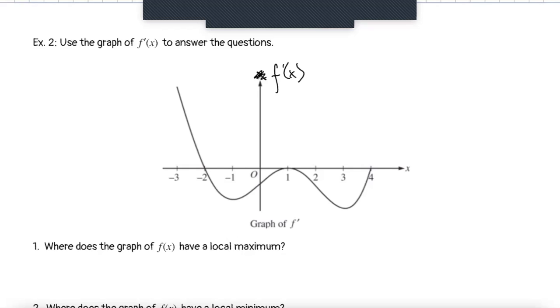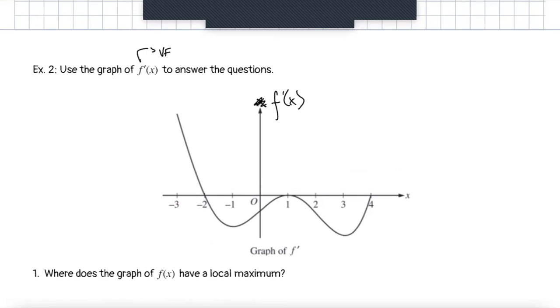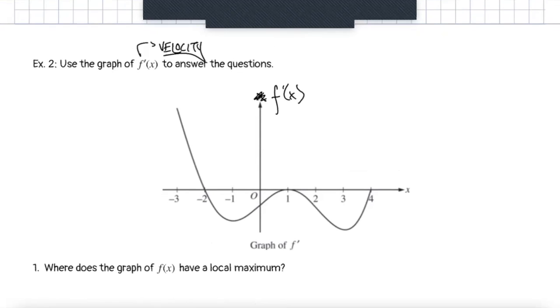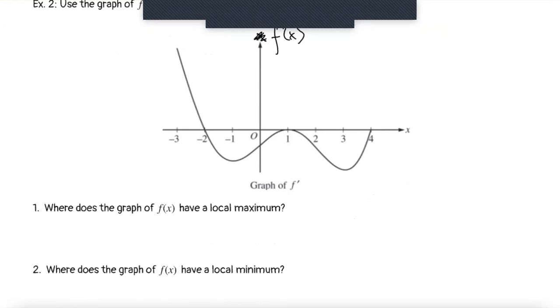Exactly, okay? This is really a graph of velocity. So if things make more sense to you because you're actually thinking about the direction that something's moving in, go ahead and think about it like velocity, okay? All right, this is a graph of velocity.